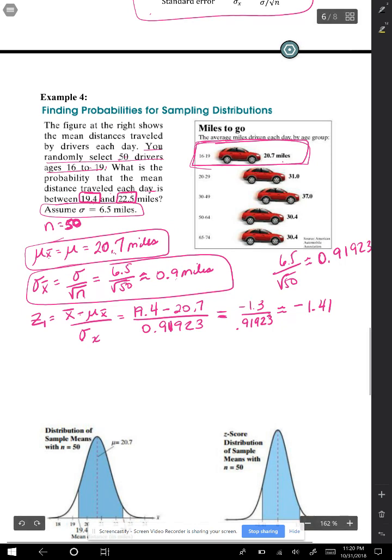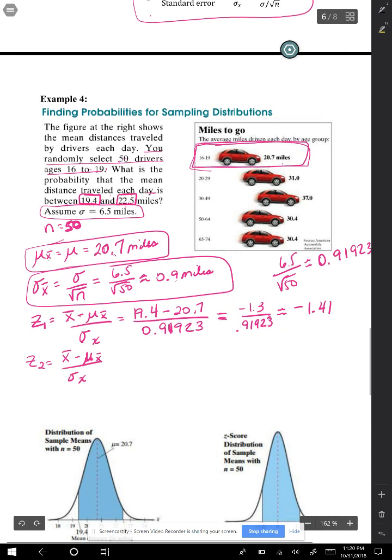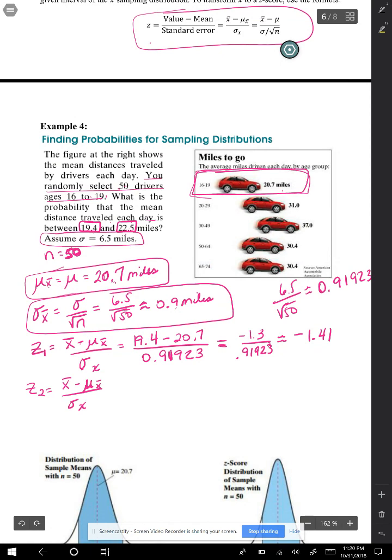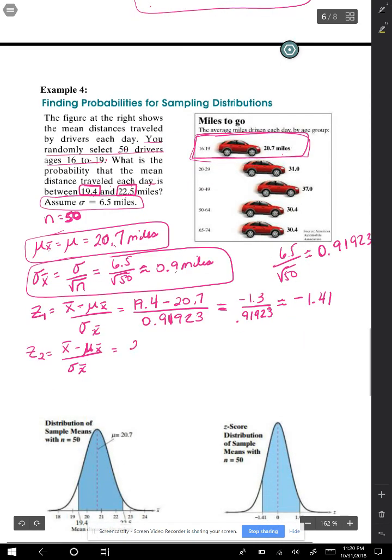Okay, and then my second value they gave me was 22.5. So I'm going to go through the same process again, but this time using the 22.5. So I'm going to do 22.5 minus the mean of the sample means, which was 20.7, divided by the standard error, which is that 0.91923 number.